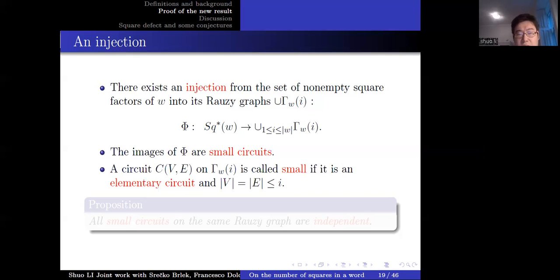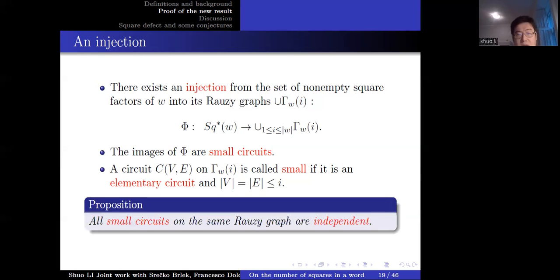A secret on the rosy graph gamma i is called small if and only if, firstly, it's an elementary secret. Secondly, the number of its vertices, which is the number of its edges, is upper bounded by the index of the rosy graph, which is i. So all the secrets satisfying these conditions we will call small secrets.